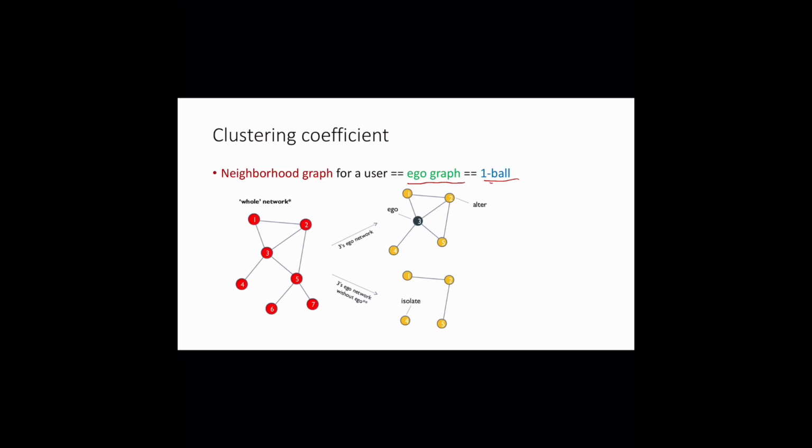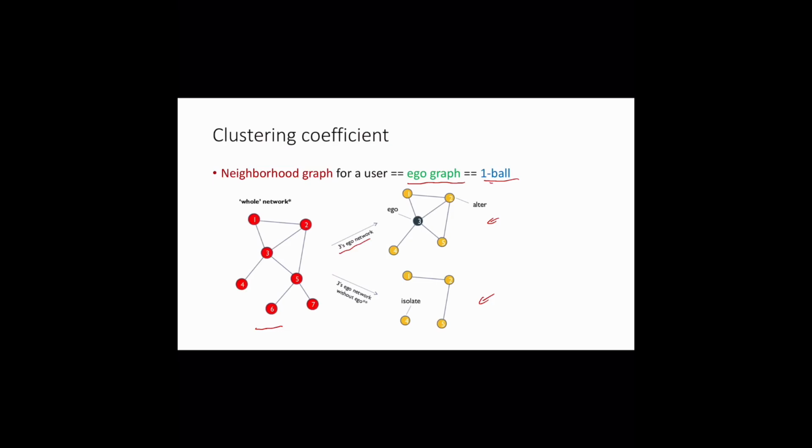And these are quite intuitive because if we take this small graph, for example, the whole network is here on the left. So a neighborhood graph defined for this graph for, let's say, user 3, also known as 3's ego network, would be here.